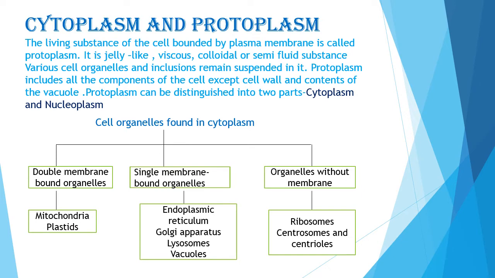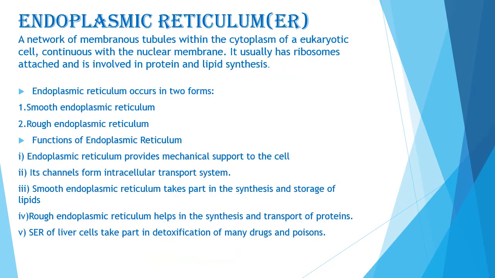In double membrane bound organelles, you are going to study mitochondria and plastids. In single membrane bound organelles, you are going to study endoplasmic reticulum, Golgi apparatus, lysosomes and vacuoles. And the organelles that don't have a membrane are the ribosome, centrosome and centrioles. So one by one we are going to study all these organelles. Endoplasmic reticulum.